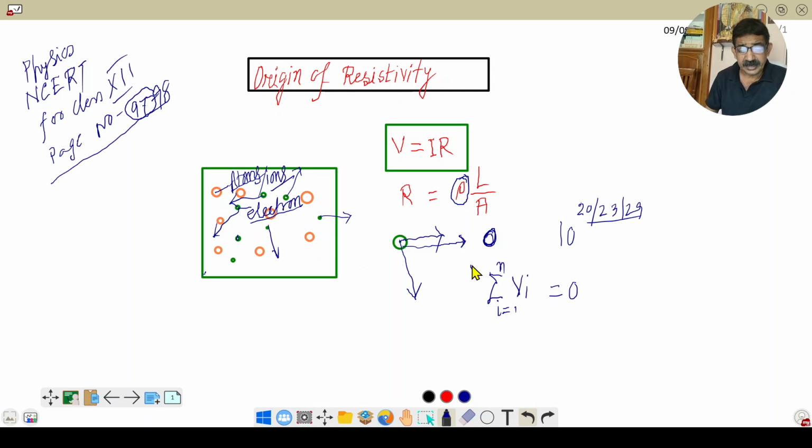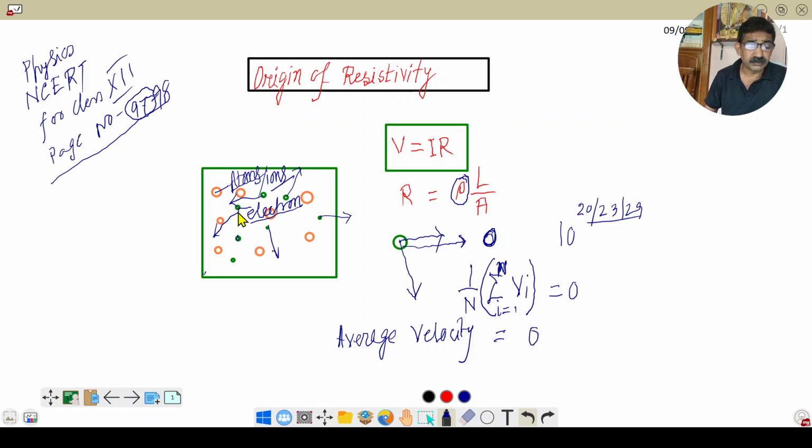If we multiply by 1 by n, then this also will be 0. That means the average speed or average velocity is equal to 0.